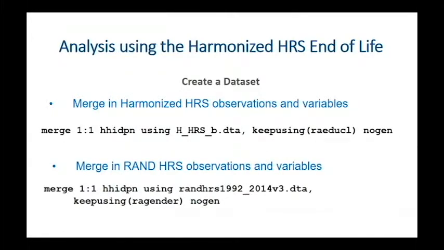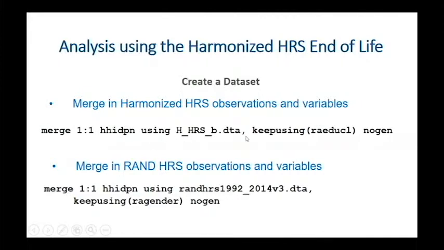Then we're going to merge our observations and variables from the Harmonized HRS end of life with the ones in the Harmonized HRS and the RAND HRS. To do this, we're going to use the command merge in a 1-to-1 ratio using HHIDPN, that personal identifier, using the specified data set.